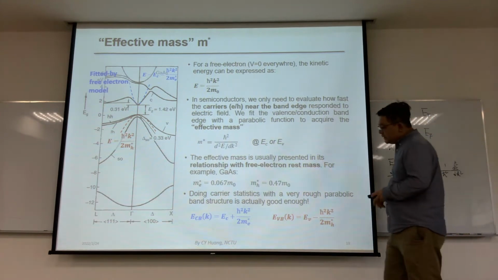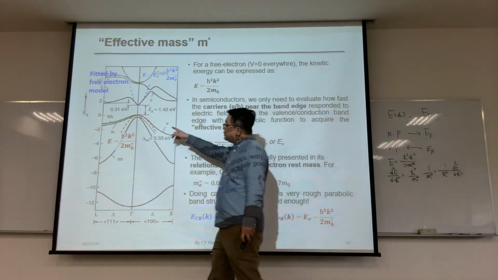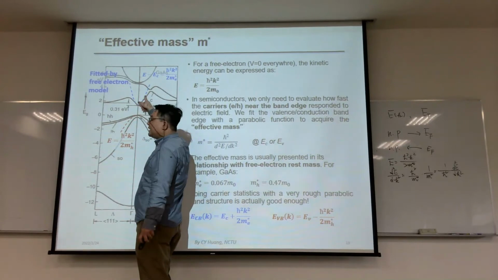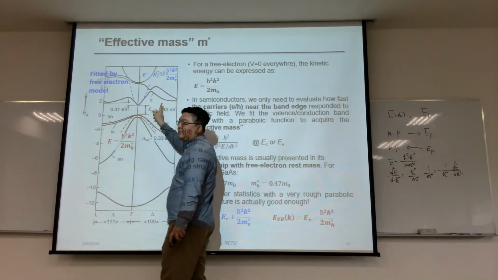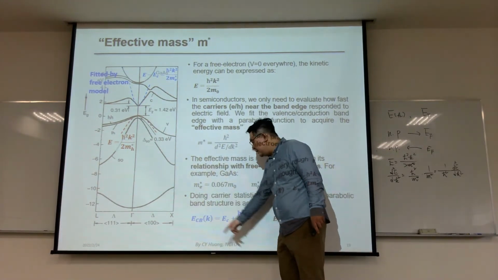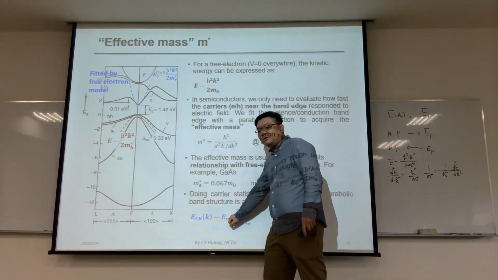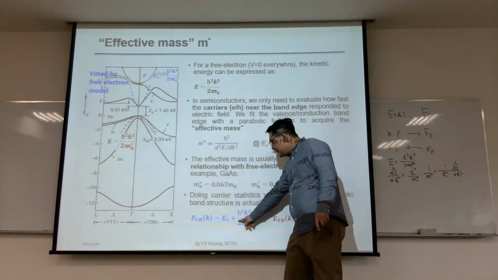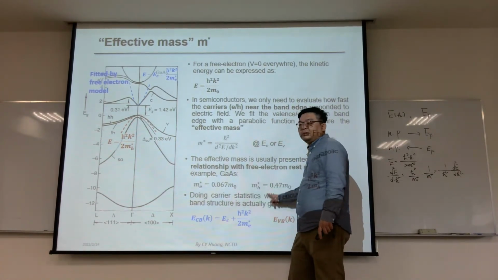Alright. So the energy band structure near the conduction band is now simplified. It becomes the conduction band edge at k equals 0, the position of EC, plus an upward parabola.